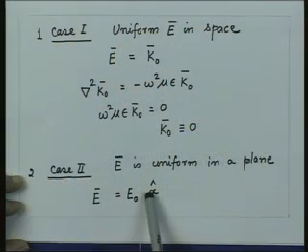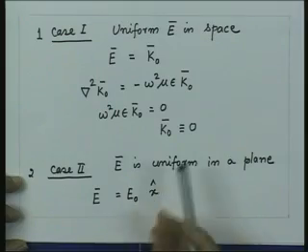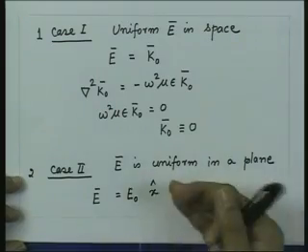So we have two choices: the plane perpendicular to this, which will be the yz plane, or any plane which contains the x axis, which could be the xz plane or xy plane. So variation of the electric field in the yz plane is one possibility, and variation in the xz plane or xy plane is the other case, and these two cases are similar because the plane is passing through the x axis.